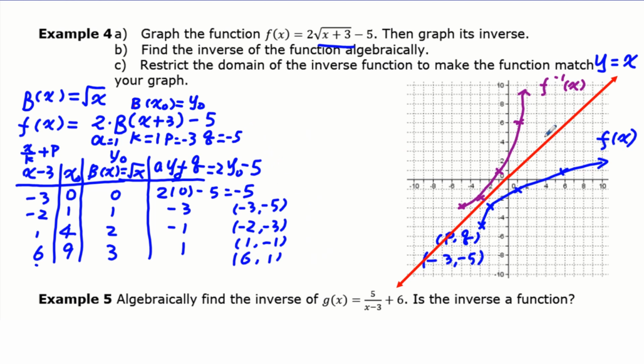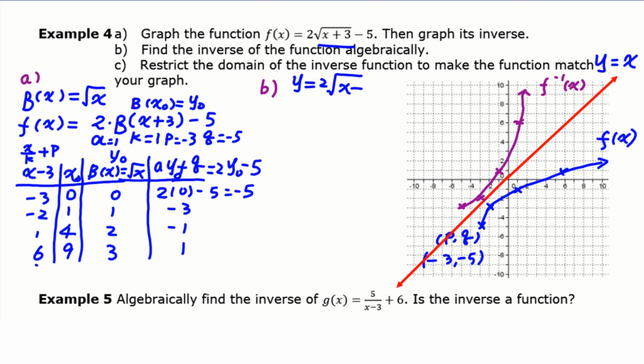So this is a graph of the function and the inverse of the function, and question B asks you to find the inverse function algebraically. So this is question A, and for question B we are going to replace f(x) with y, then switch x and y because inverse means x and y switch.